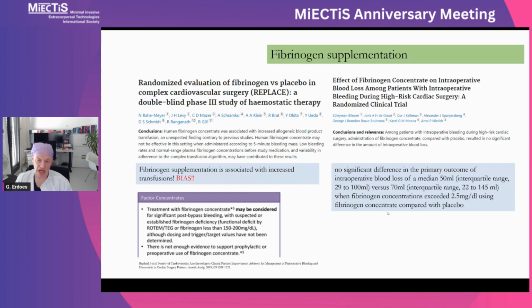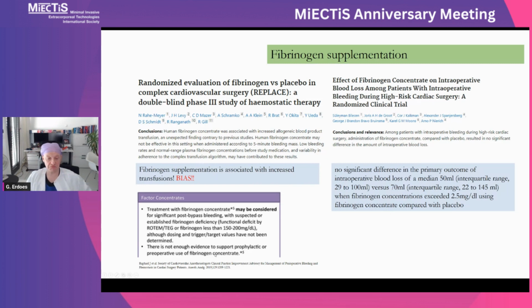So a very heterogeneous study. On the other side, we know that we don't need high levels of fibrinogen. So a level just above 1.5 gram per liter or 8 millimeters in the point of care test would be enough to treat adequately this patient. And this is now also in the recommendations.